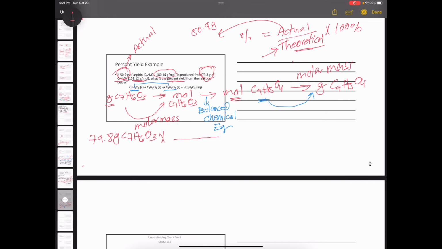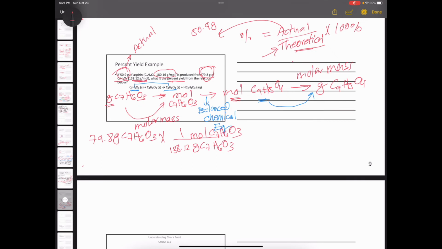How do I do this? I'm going to be using the molar mass. The molar mass for salicylic acid states that for every 1 mole of C7H6O3, the mass is 138.12.